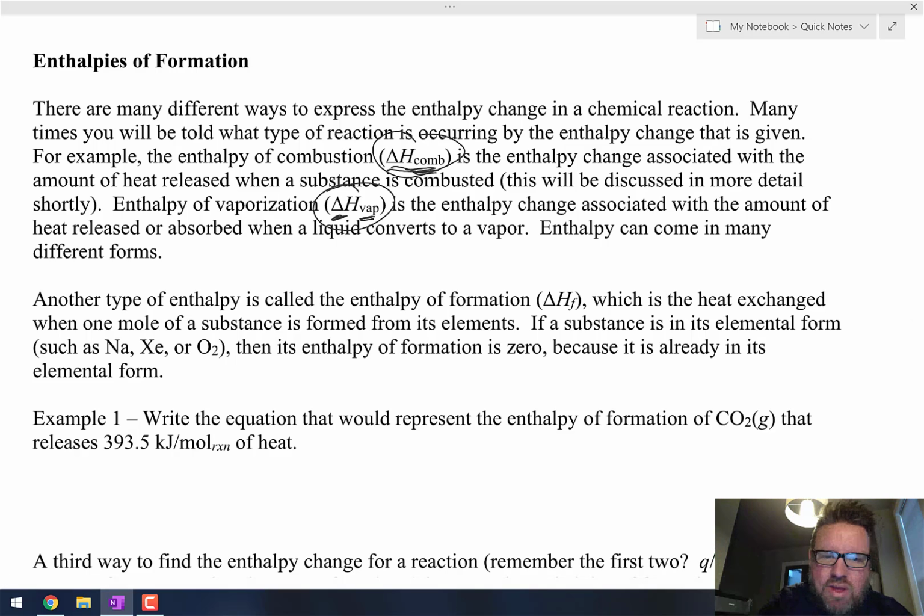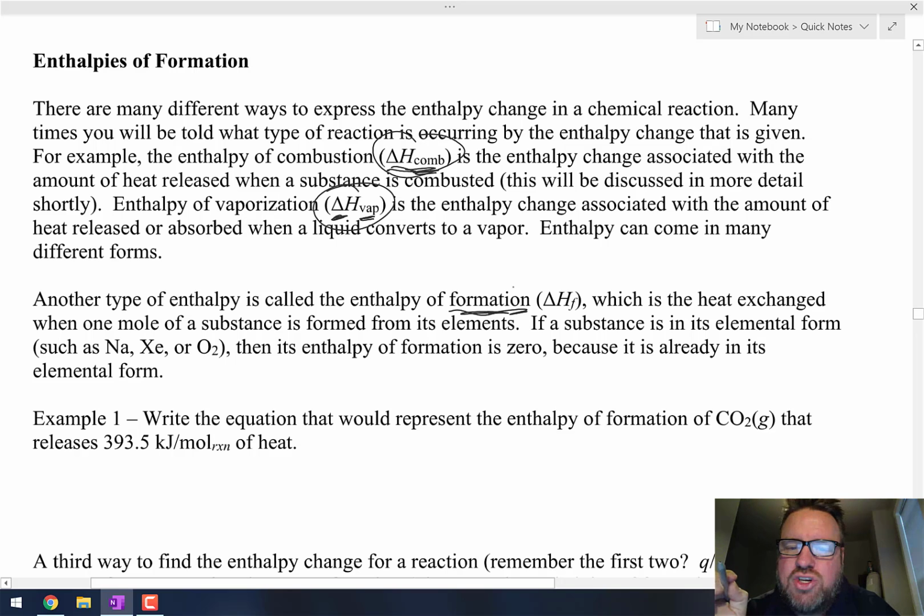Okay, another type of reaction that can happen is what's called a formation reaction, and you can have an enthalpy of formation. A formation reaction is a reaction where something is formed from its elements, so things that are in their elemental form combining together to form a new substance.